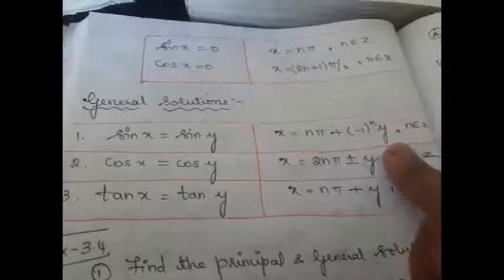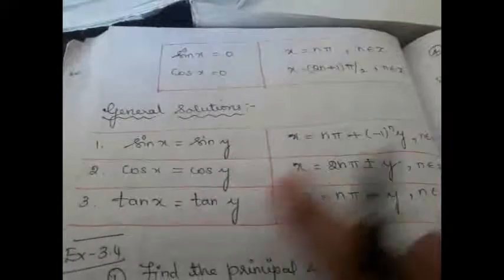And we have learnt 3 theorems to find the general solution of sine, cosine and tan functions. What are those 3 generalized solutions? If sin x equal to sin y, then x is equal to n pi plus minus 1 the whole power n into y, where n is an integer. If cos x equal to cos y, then x is equal to 2n pi plus or minus y, where n belongs to z.